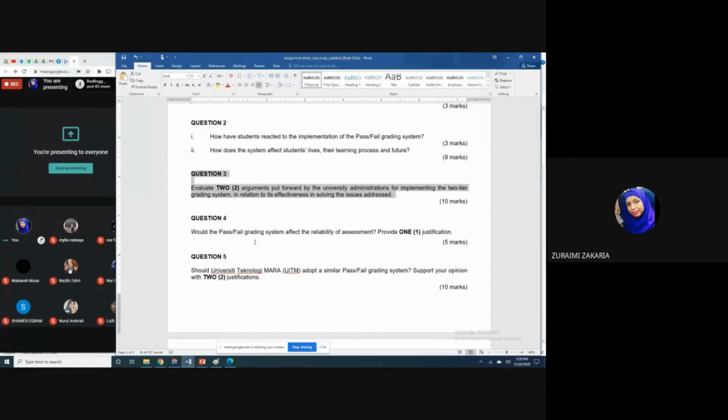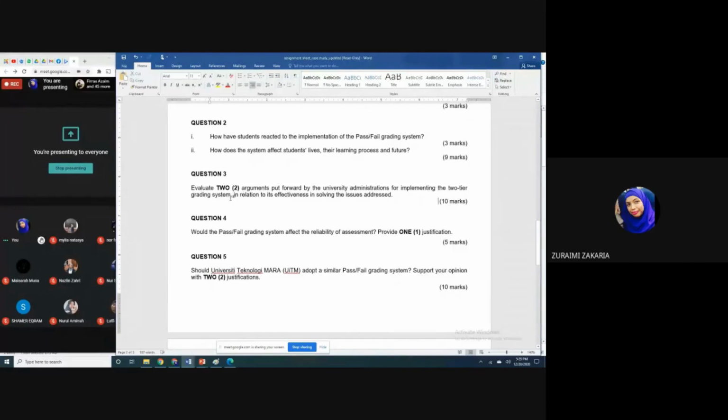And when pihak pengurusan meneruskan sistem 2-tier grading ini, and when people are not happy, so they have to provide justifications. So if you were to read through articles, ada pelbagai justifikasi yang diberikan oleh pihak pengurusan universiti dalam nak memberitahu kepada masyarakat, kita terpaksa buat ini kerana ada banyak argument yang dikemukakan oleh pihak pengurusan universiti kenapa mereka melaksanakan 2-tier grading system.